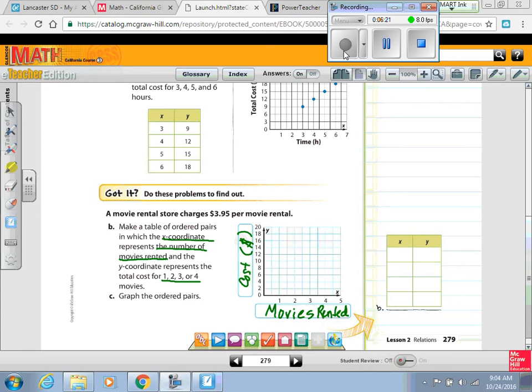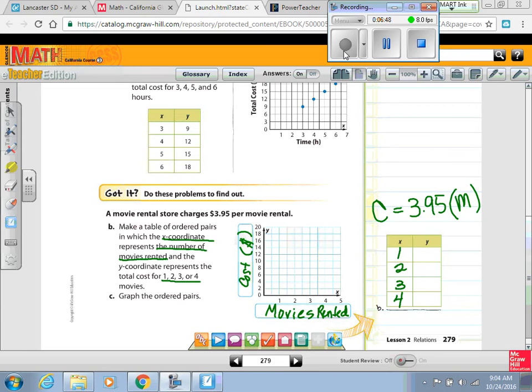Okay, so if we do as they ask, and we try 1 movie, 2 movies, 3, and 4 movies at $3.95 each, our equation is going to be cost equals $3.95 per movie times the number of movies.